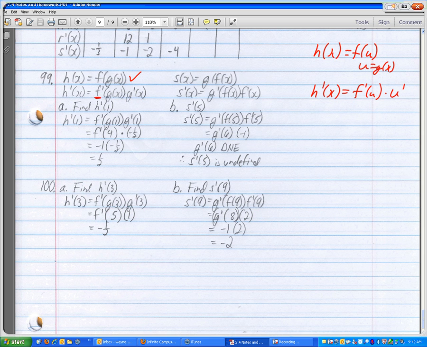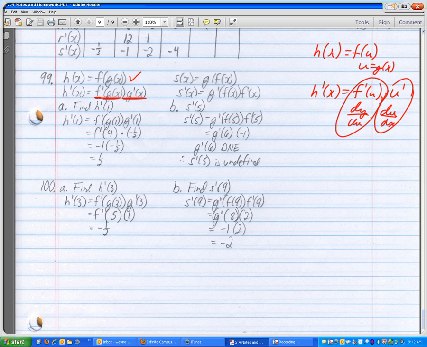So that would be f prime of g of x times the derivative of g of x. That's the same thing as dy du times du dx. Those are the same.